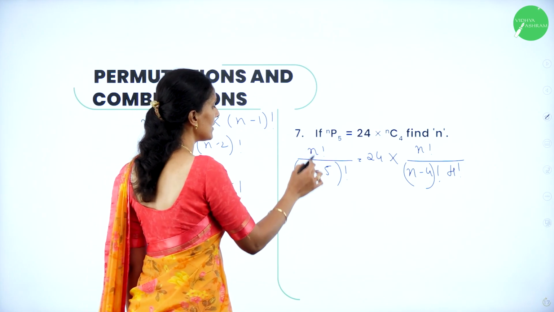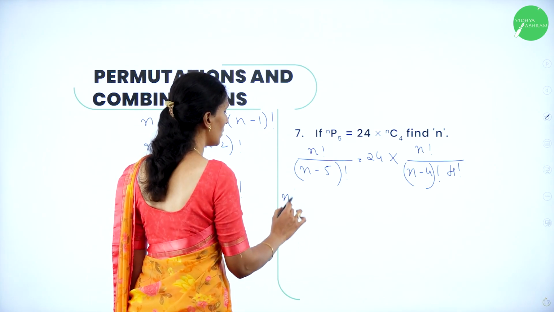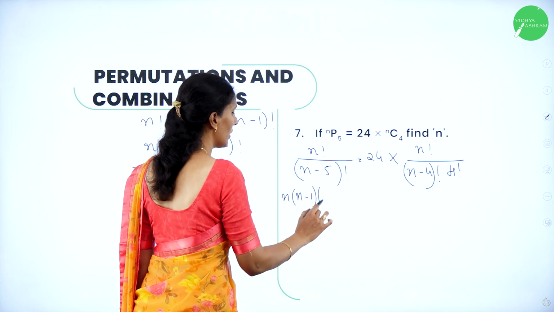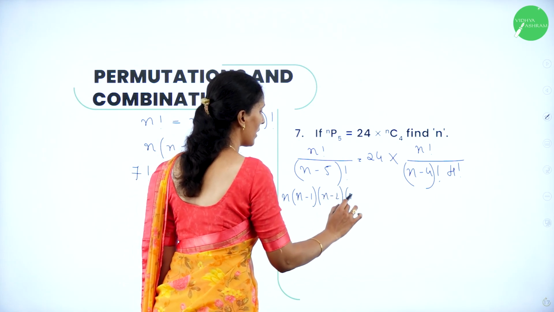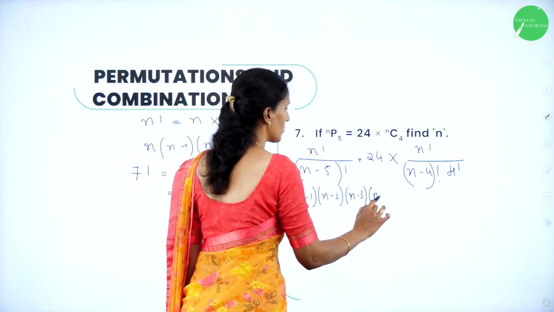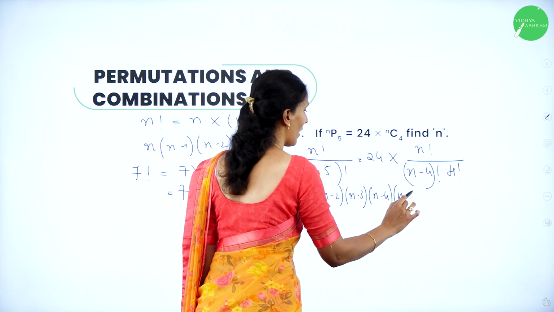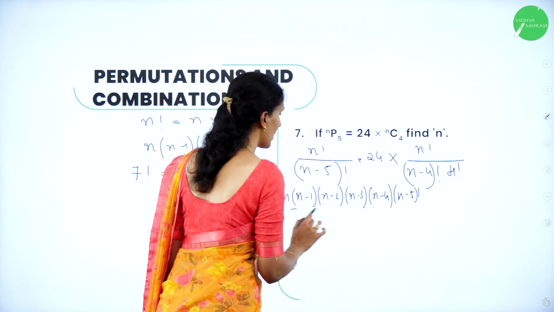See here, n factorial can be written as n into (n minus 1), (n minus 2), (n minus 3), (n minus 4), (n minus 5) factorial, which is one and the same.